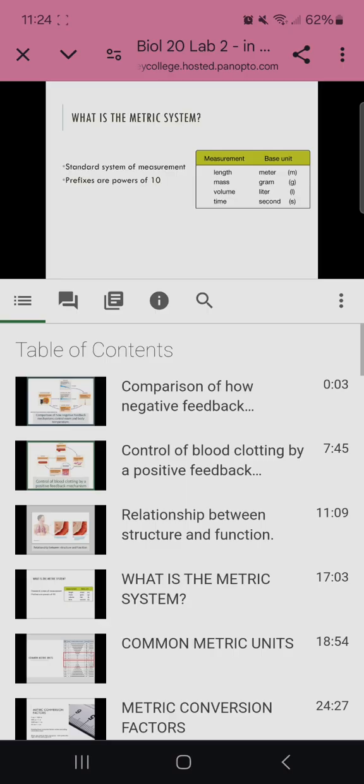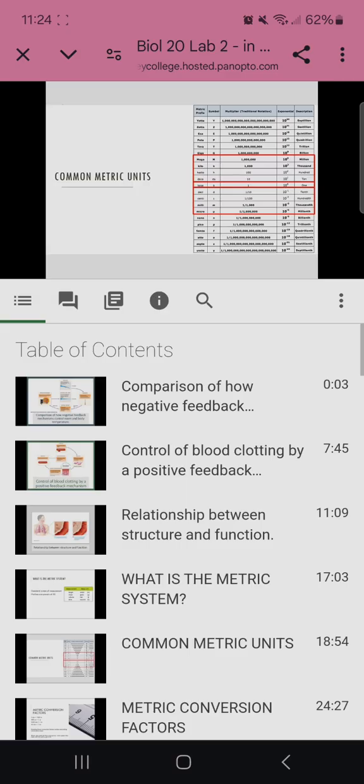The prefixes on the board are the ones I have here in red in your slide. Basically, what we're doing is going to the right, we multiply by 10, and if we're going to the left, we divide by 10.